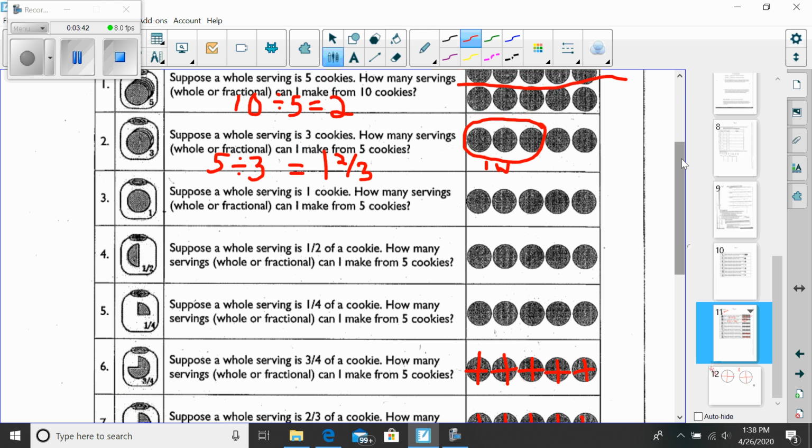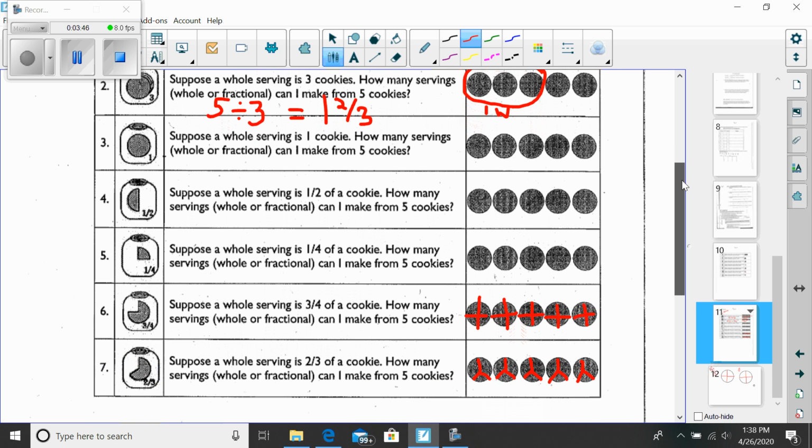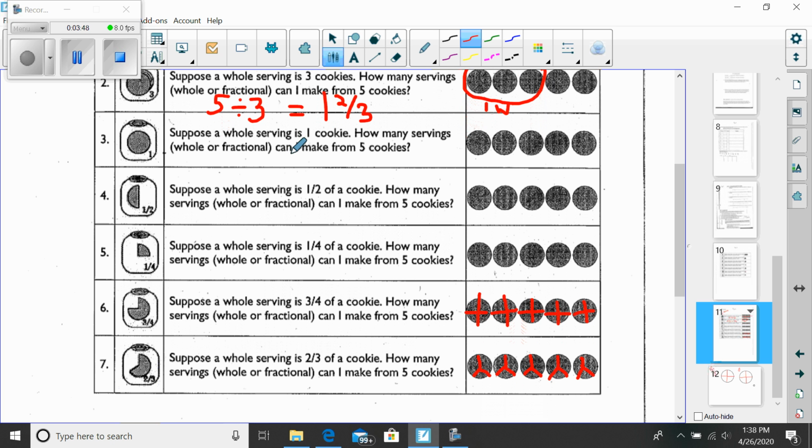Suppose a serving is 1 cookie. This one is awfully easy, right? This is showing you that 5 divided by 1 is 5. Nobody's having trouble with this one, right? But then this is going to lead us into, well, what if a serving is a fraction of a cookie?